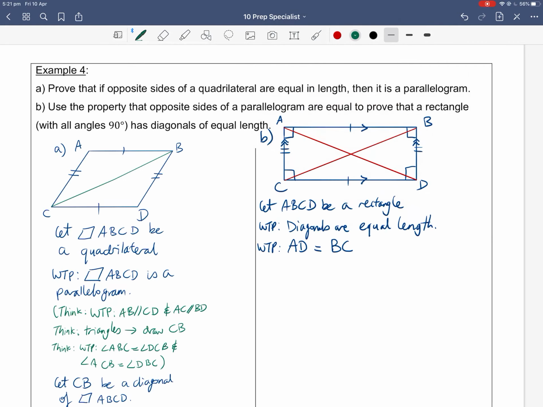So let's do some thinking. How are we going to get to our goal? Again, the easiest way is to use congruent triangles. So see if you can spot any triangles. If we can prove congruent triangles, then because of congruence, the lengths of the sides are the same automatically. So we need congruent triangles.